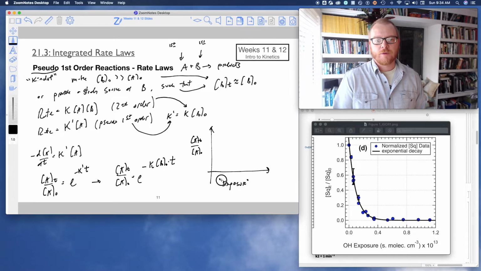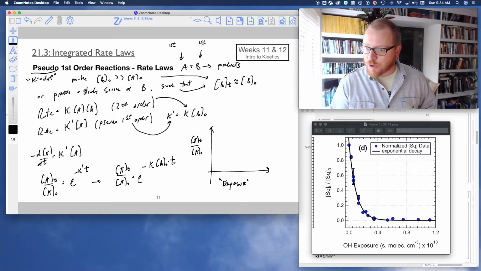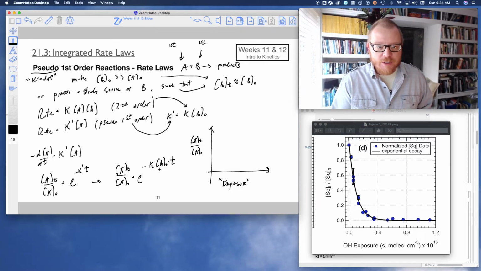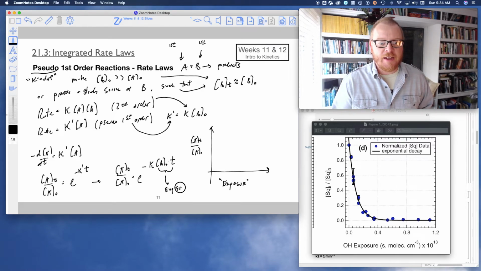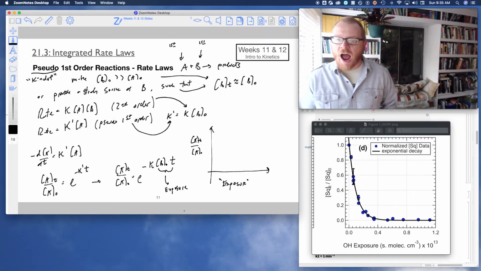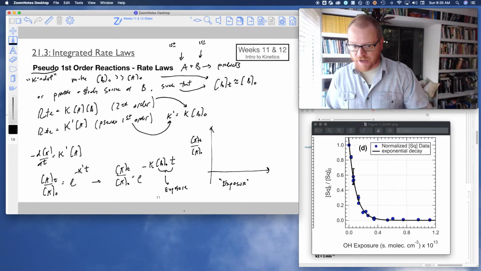exposure. So what is exposure? Well, it's this B0 times t, right? So I'll say this little chunk right here, instead of time, it's what we call exposure. So in other words, it's the duration of time that a reactant is exposed to another reactant.